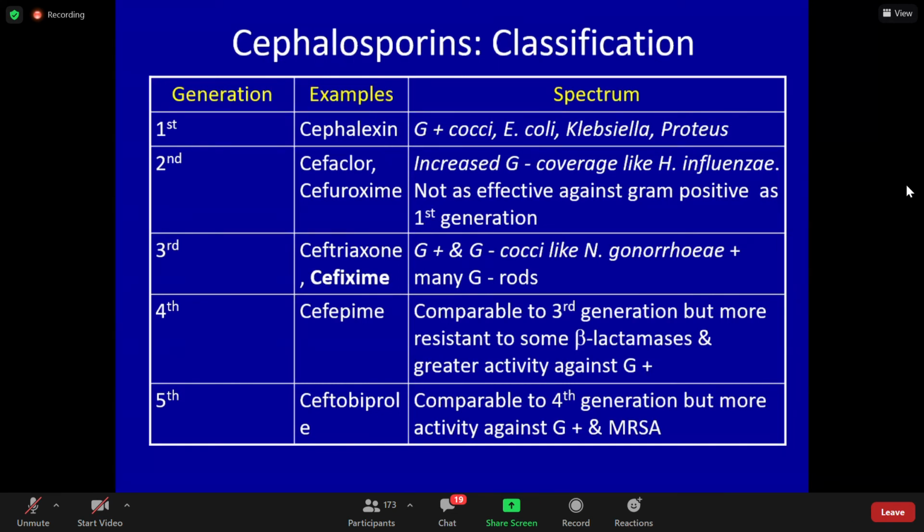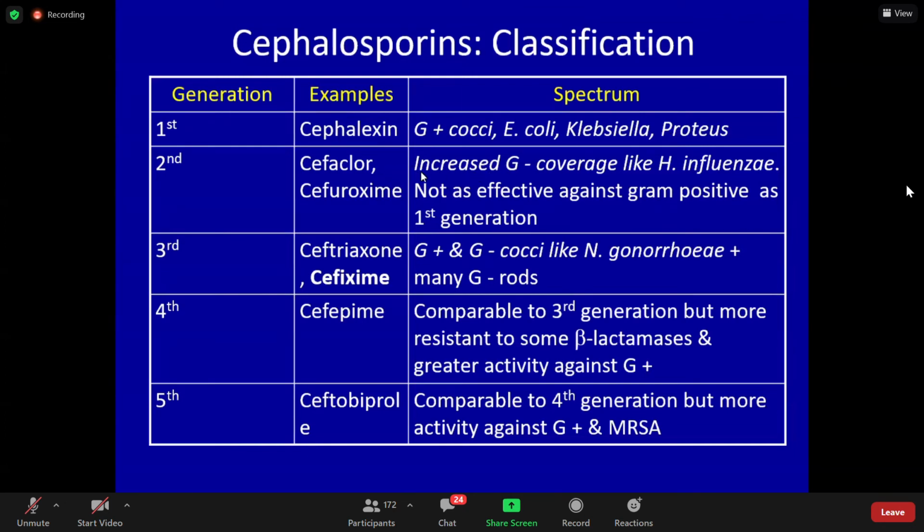First generations are mainly some gram positive and some gram negative. The spectrum resembles that of aminopenicillins in the previous slides. Do you remember? Aminopenicillins, amoxicillin and ampicillin, two drugs. So this antimicrobial spectrum resembles very well, plus a few Klebsiella and Proteus, gram negative.